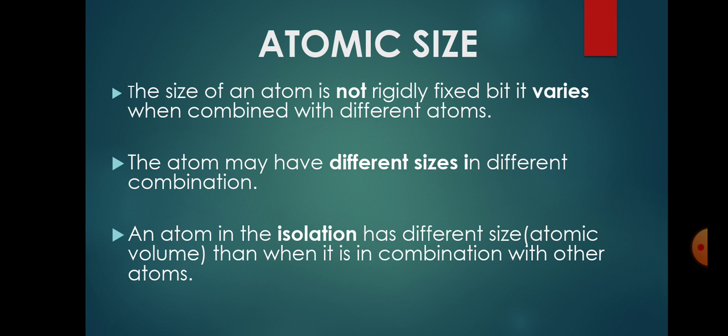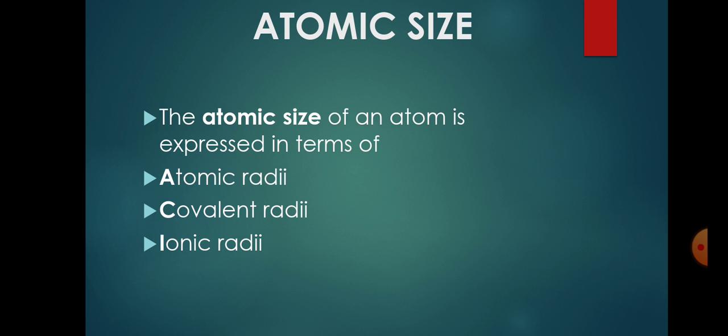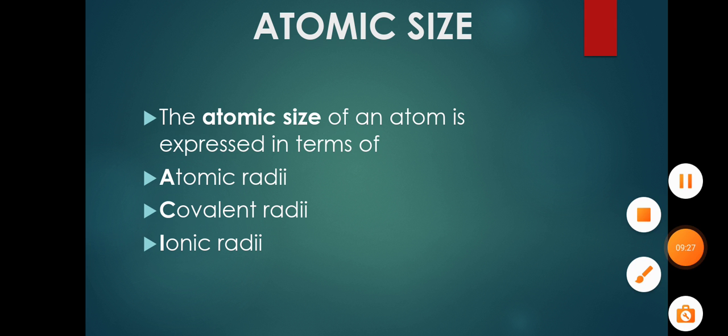So the atomic sizes of different elements are different when combined with different atoms or elements. The atomic size of an atom can be expressed in terms of atomic radii, covalent radii, and ionic radii. Inshallah, we will explain atomic radii, covalent radii, and ionic radii in our next lecture.